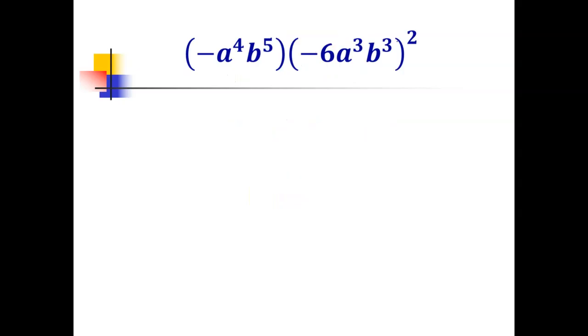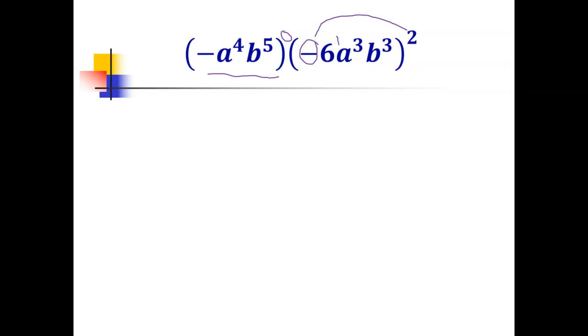So in this case, I'm going to use multiple rules. Now, first, parenthesis, if you see here, there is no exponent here, right? So we can just get rid of the parenthesis without doing anything. In the second parenthesis, I have a negative sign, which I'm going to do twice, which will give me a positive number.